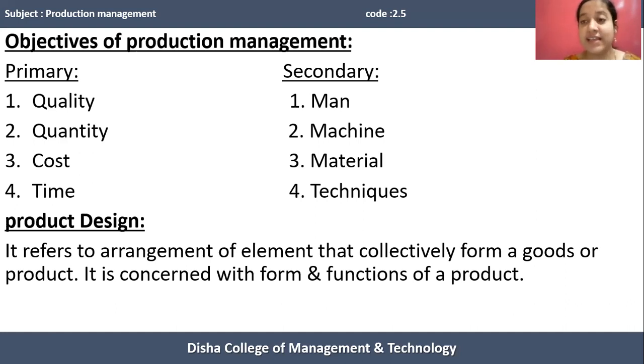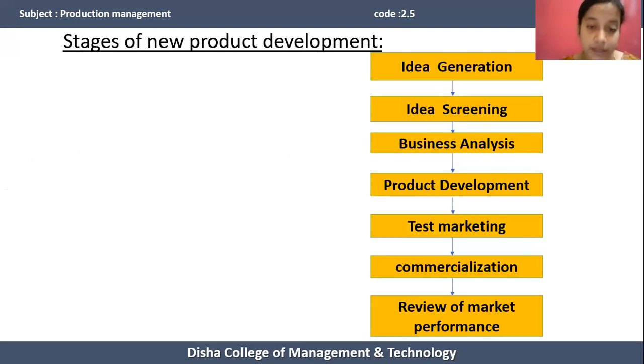While designing a particular product, generally the designer designs the form and functional part of it. That means what function the product has to perform, and how the product looks, is designed while designing a particular product.